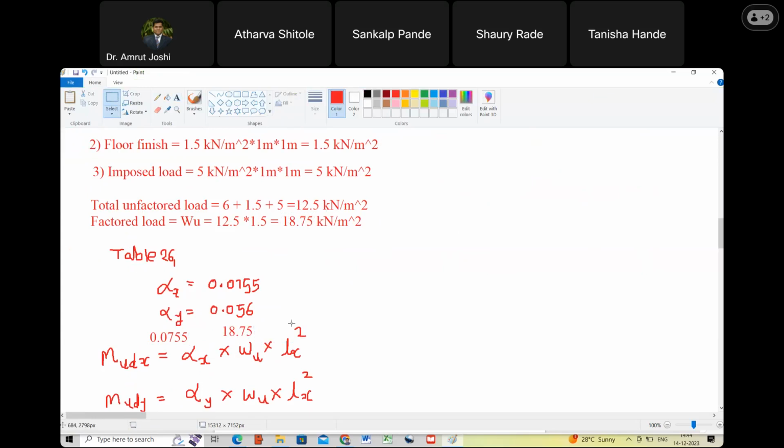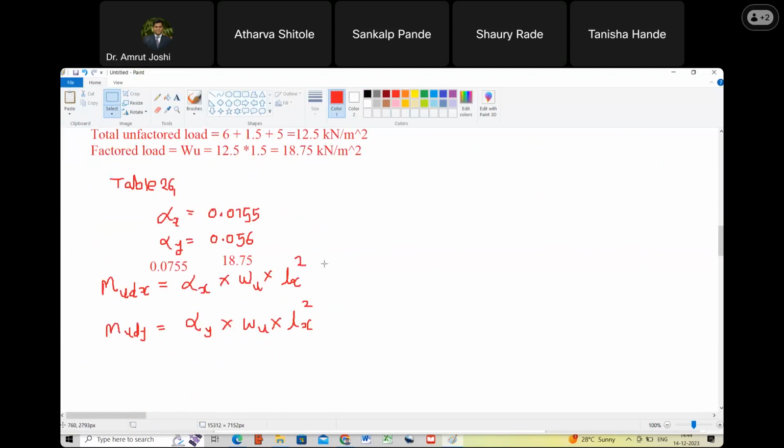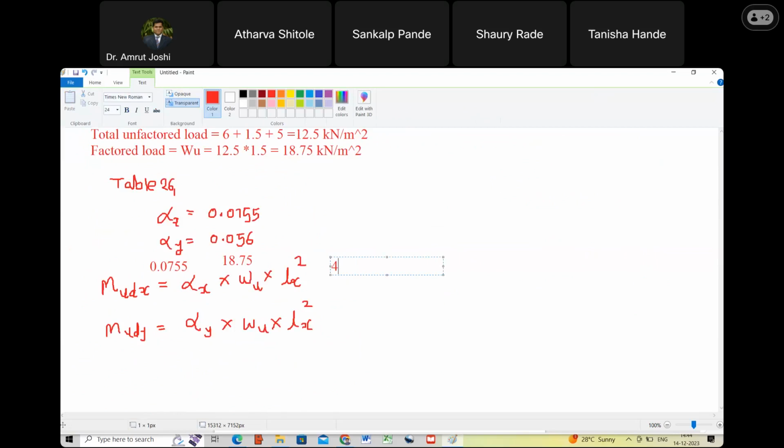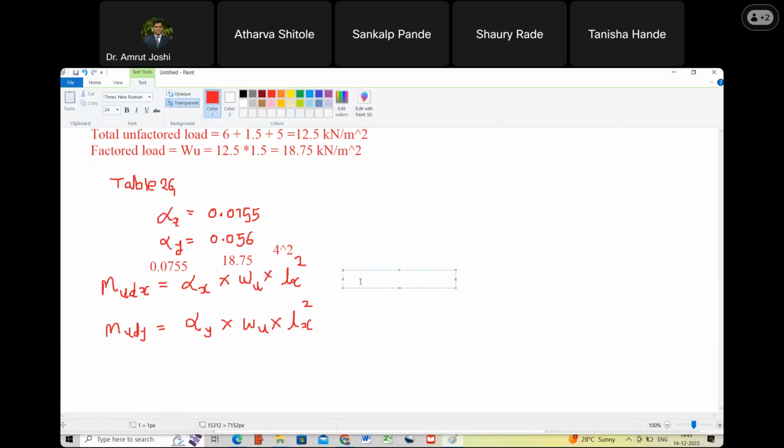And what is the value of Lx square? So Lx is how much? Shorter span is 4 meter. So Lx square will be 4 square. Are you with me? Yes, sir. Now, the coefficient doesn't have any unit. 18.75 is in kilonewton per meter square multiplied by meter square. So in which unit will this moment come? This will be in kilonewton meter. Are you with me?